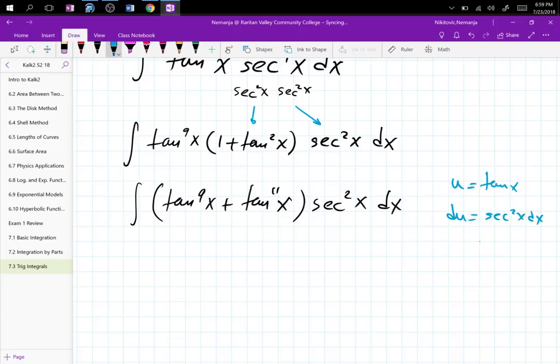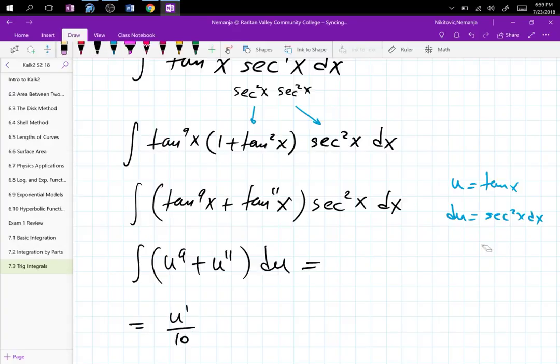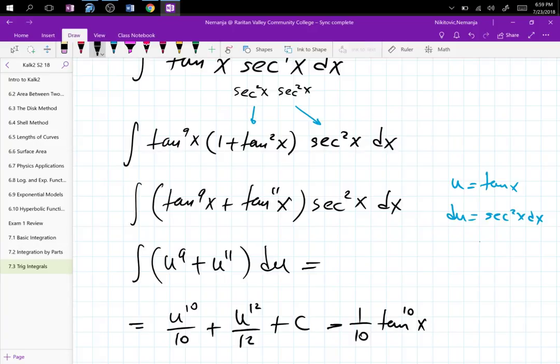And when you plug all of that stuff in, you get integral of u to the 9 plus u to 11 du. That's u to the 10 over 10 plus u to the 12 over 12 plus c. It's 1 over 10 tangent to the 10x plus 1 over 12 tangent to the 12x plus c.